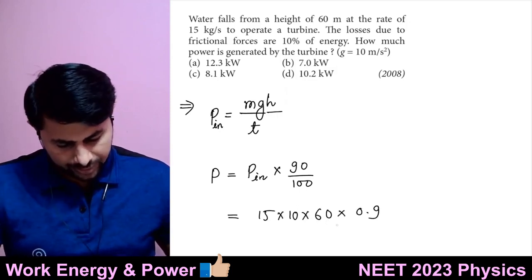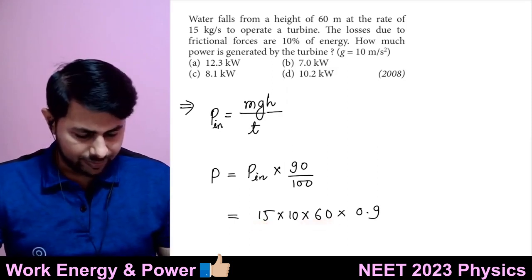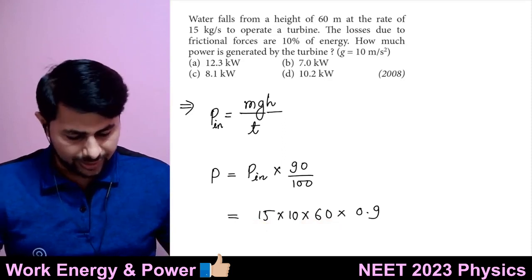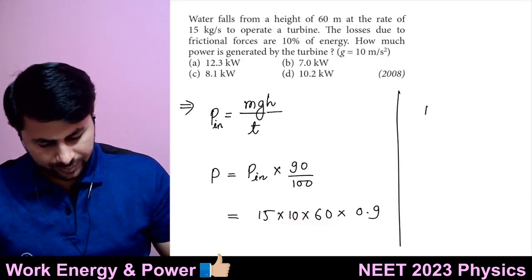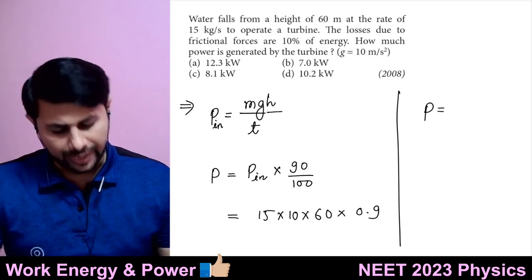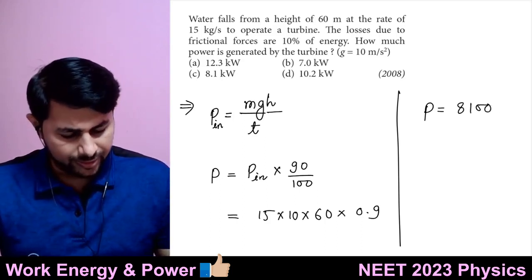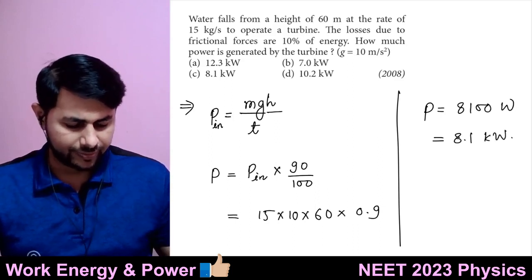So how much is it? 15 times 6 is 90. 900 multiplied by 0.9. 9 nines are 81. So 8,100 watt, or you can say 8.1 kilowatt. This is the answer.